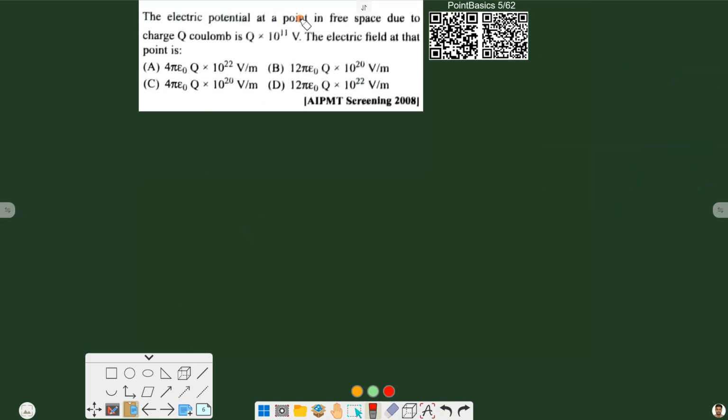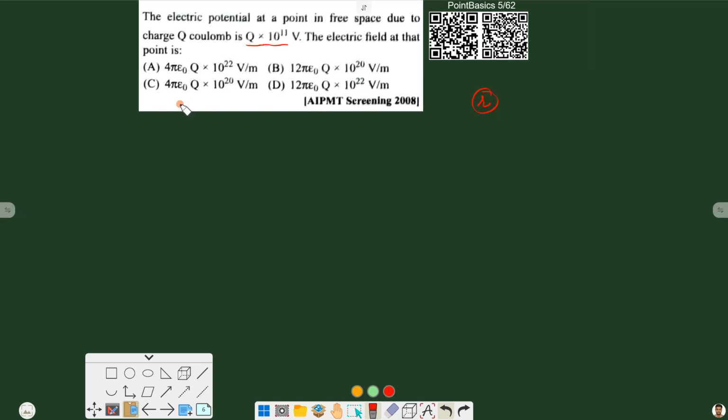Electric potential at a point in free space due to charge q coulomb is q into 10 raised to power 11. The electric field at this point is, so we have to find out the value of electric field. Now for that, considering we have a distance r, in free space we consider some point which is at distance r, and at this distance r the value of potential is this.